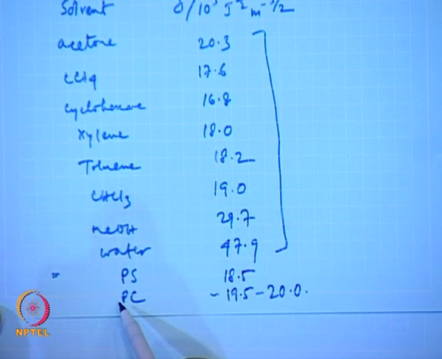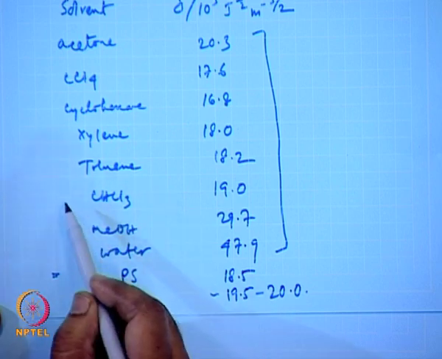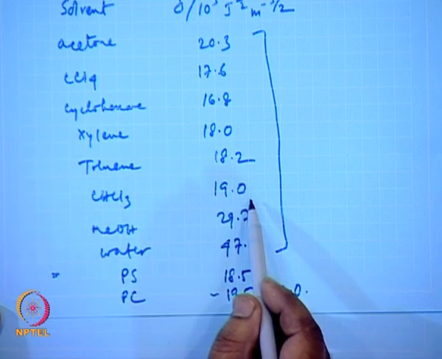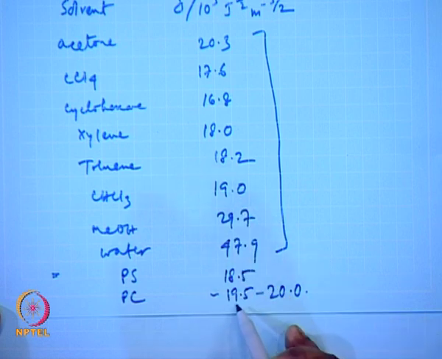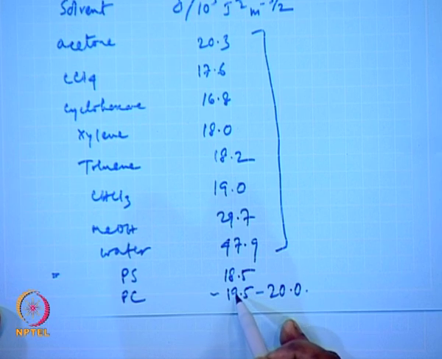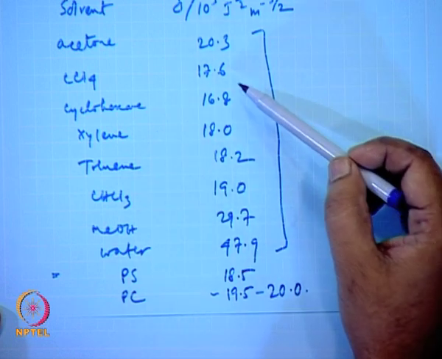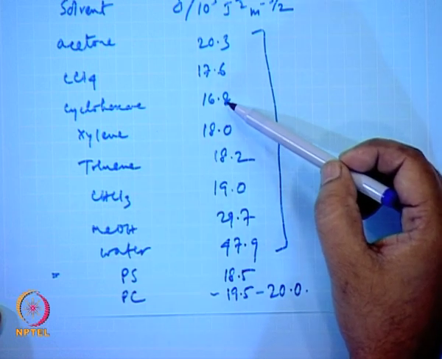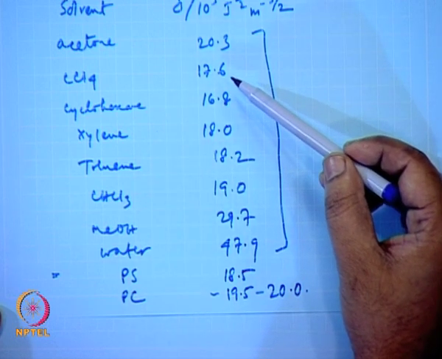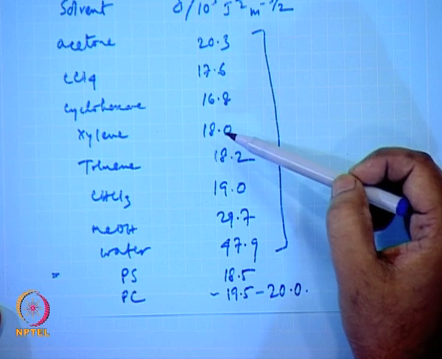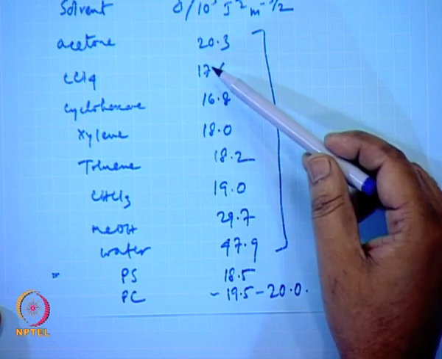So, polycarbonate will obviously become soluble in chloroform, which is 19.5. Obviously, polycarbonate will not be soluble in methanol, water or some of the very non-polar solvents, such as cyclohexane, carbon tetrachloride, xylene and so on.